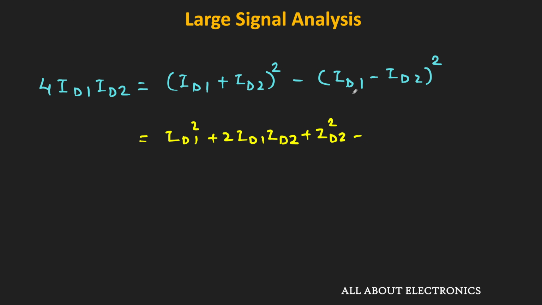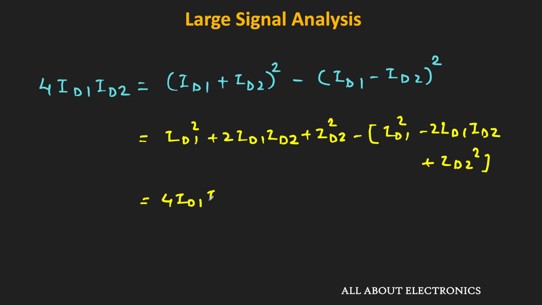Similarly, this (id1 minus id2) square is equal to this id1 square minus 2 id1 id2 plus id2 square. So if we solve this expression further, then we will be left with this 4 id1 times id2. That means we can write this 4 id1 times id2 by this expression.